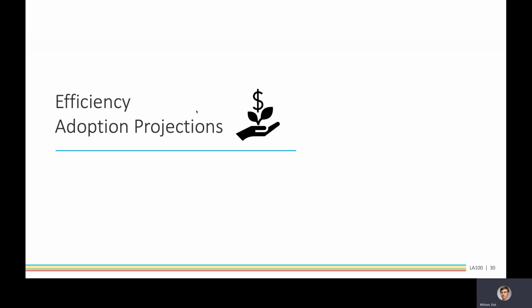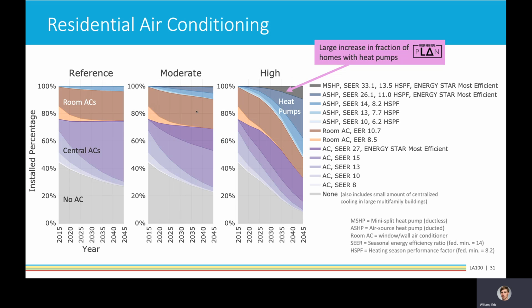Okay. And then for energy efficiency adoption, we similarly modeled 3 different scenarios, looking at changes to the equipment stock. This example shows residential air conditioning, and how we have, in the reference case, over time, fewer households with no air conditioning, and an increasing fraction of households that have central ducted air conditioning, and then about constant saturation of room or window air conditioning units.